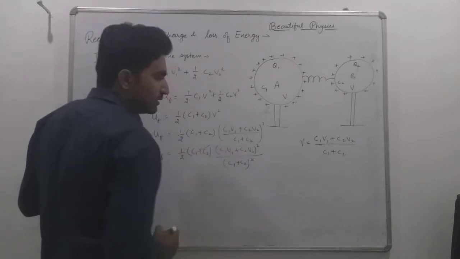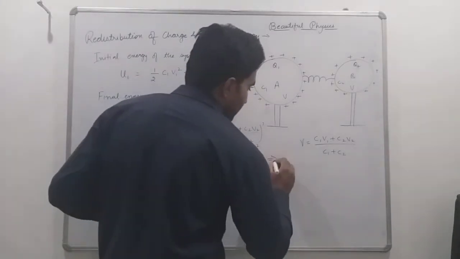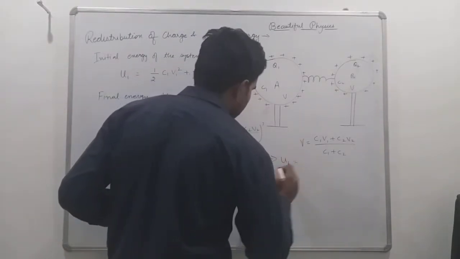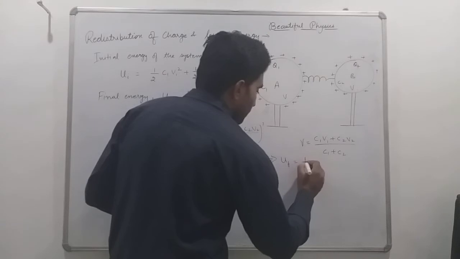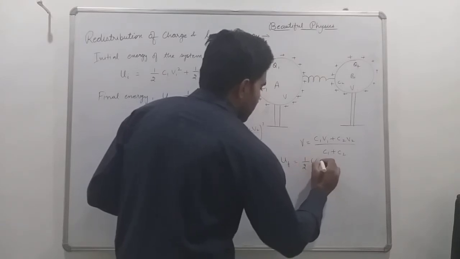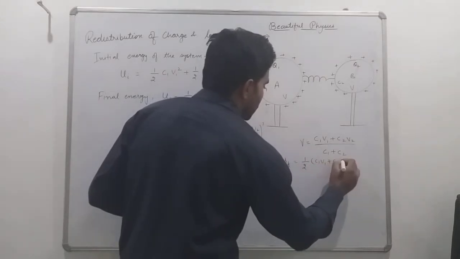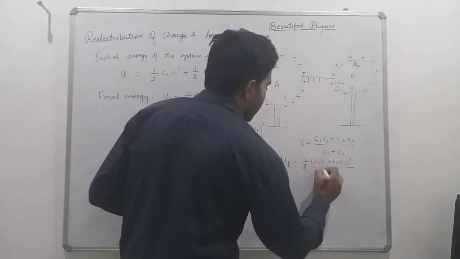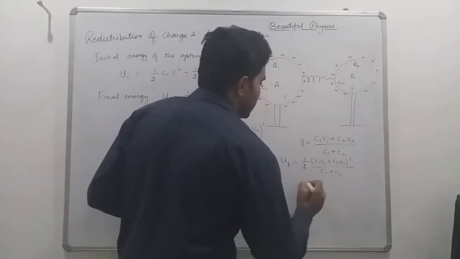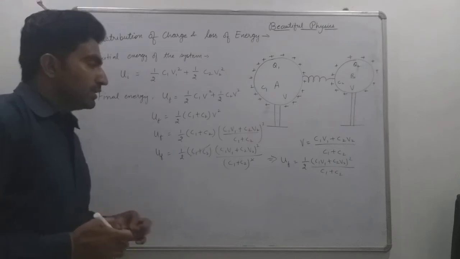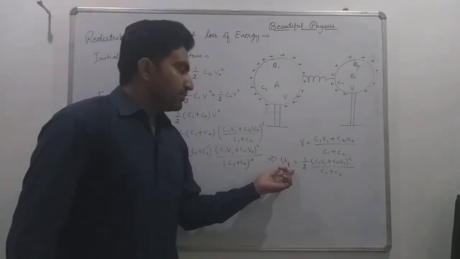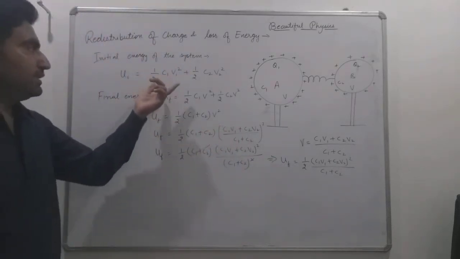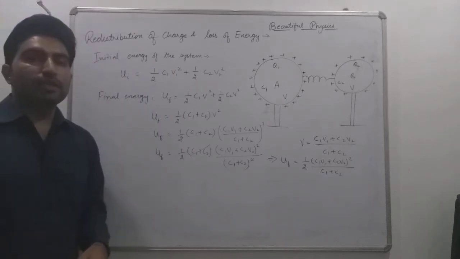One term will cancel out. So the final energy UF will be equal to half of C1 V1 plus C2 V2 square divided by C1 plus C2.